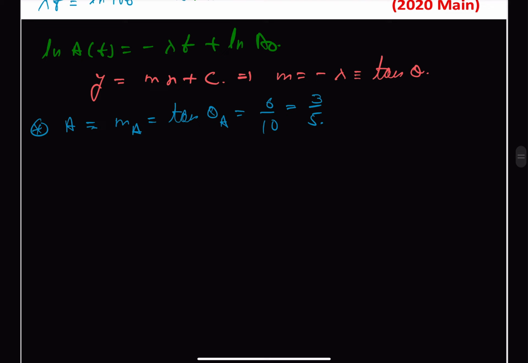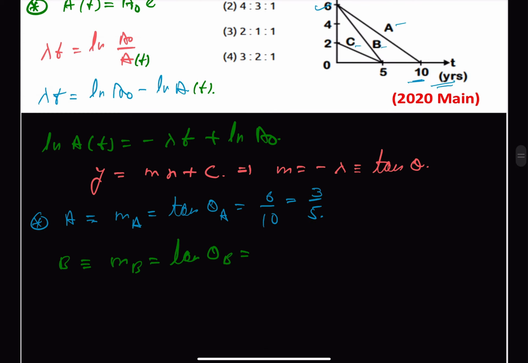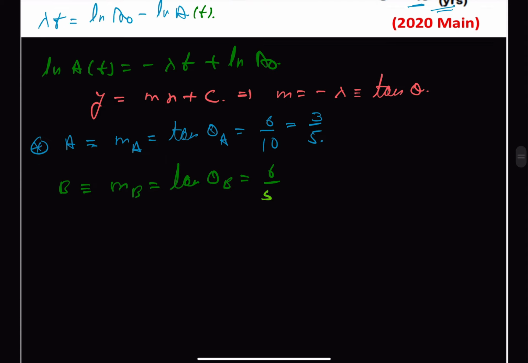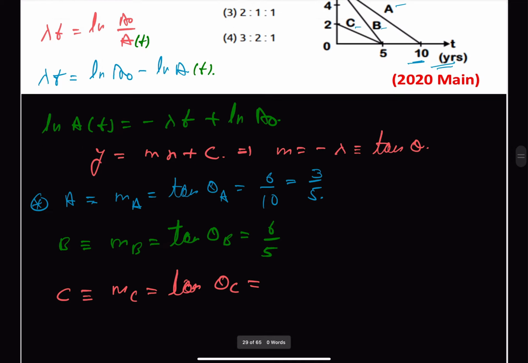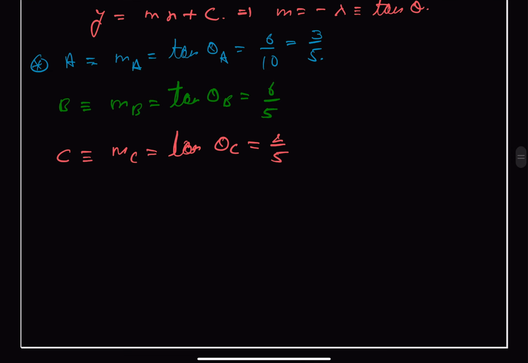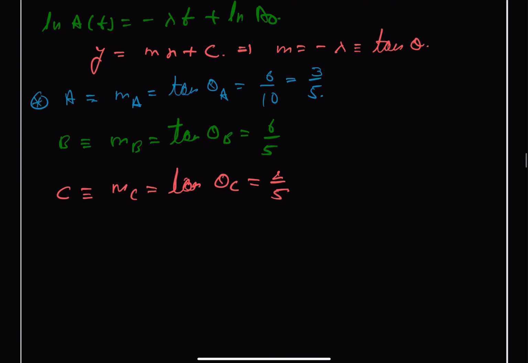For B, m B is equal to tangent of theta B, which is 6 upon 5. And finally for C, m C is equal to tangent of theta C, which will be equal to 2 upon 5. Therefore this will be our lambda A, this will be lambda B, and this will be lambda C.